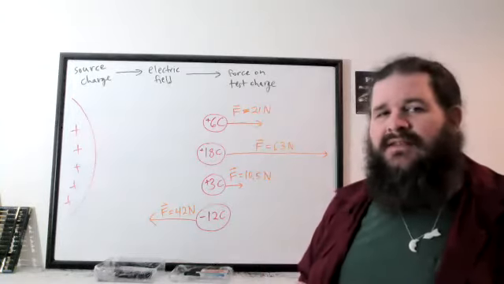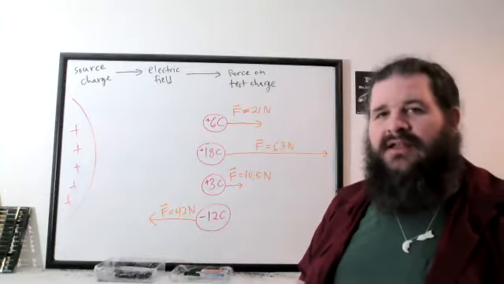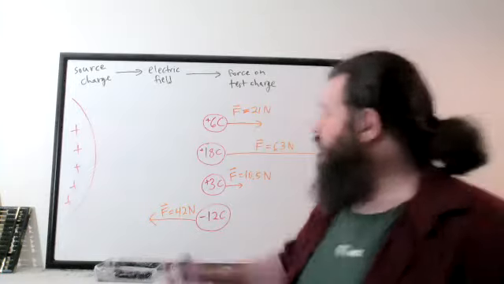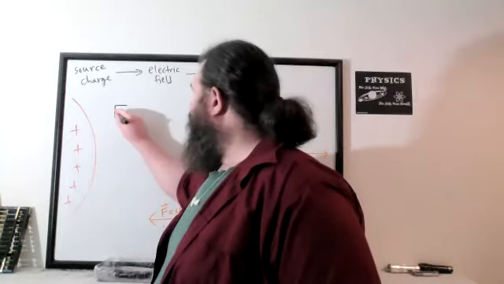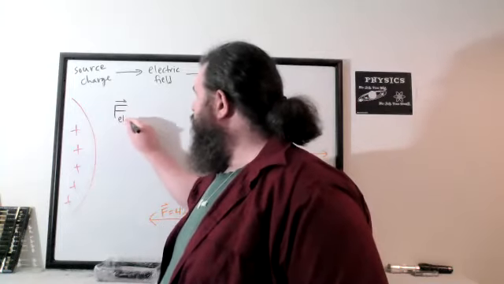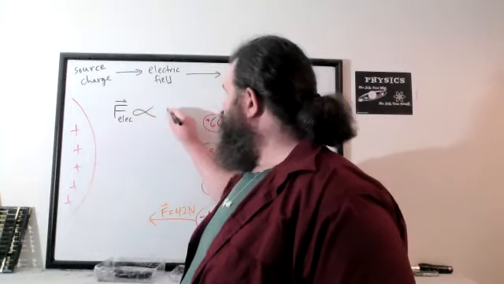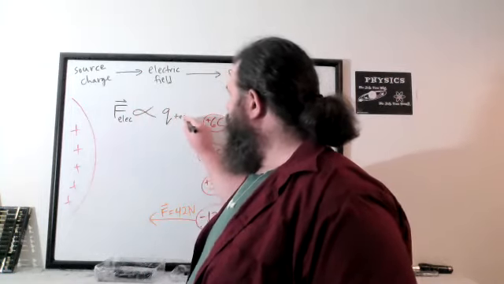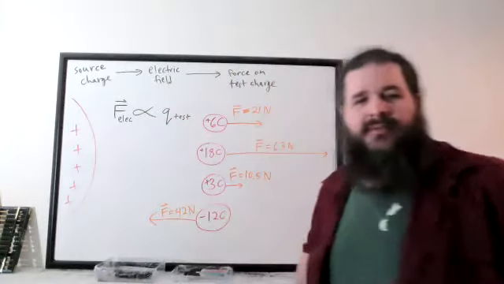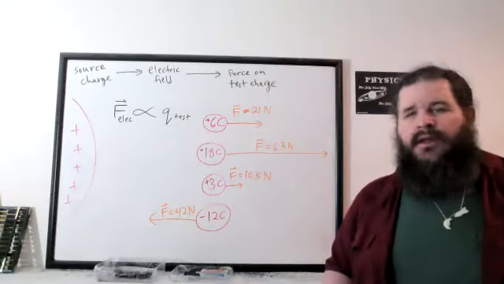Even though we didn't say it in these words, we've been explicitly assuming that the force is proportional to the charge. And it turns out that is in fact true. Electric force, whether it's attractive or repulsive, is proportional to the charge of the test object. Twice as much charge means twice as much force, and so on.